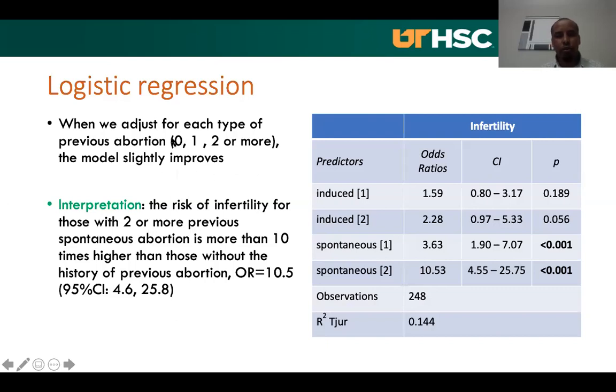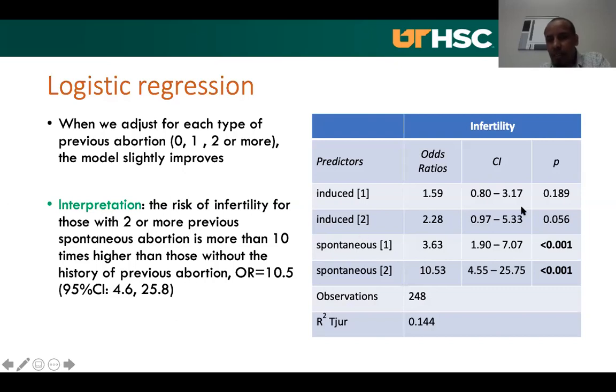Like compared to having 0 previous history of induced abortion or history of previous spontaneous abortion, having 1 previous history of induced abortion, or 2 or more previous induced abortions, we can compare the risk to having no previous history of induced abortion.